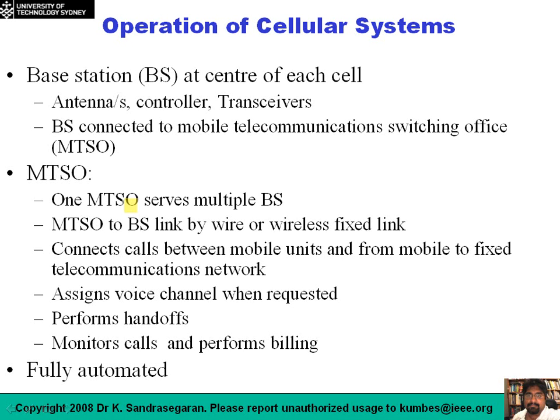Especially in second generation mobile communication systems, all of the handoff decisions are made by the switching center, and it also has to monitor the calls, detect when a call is terminated, and perform a billing function.